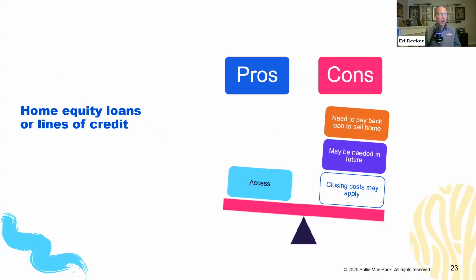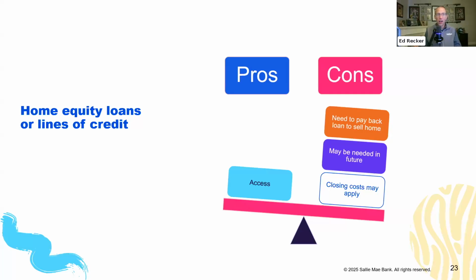Home equity line of credit, sometimes called a HELOC. Again, one of the biggest pros is access. A lot of times, especially if you already have this set up, it's a line of credit and you just draw off of it. Otherwise, it's a relatively quick and easy application process.